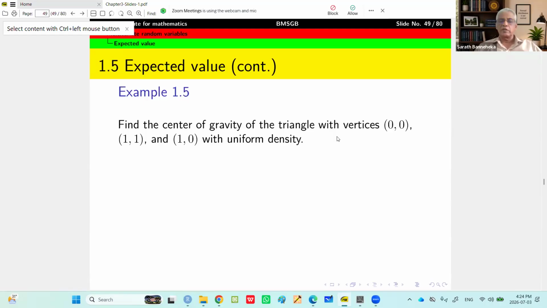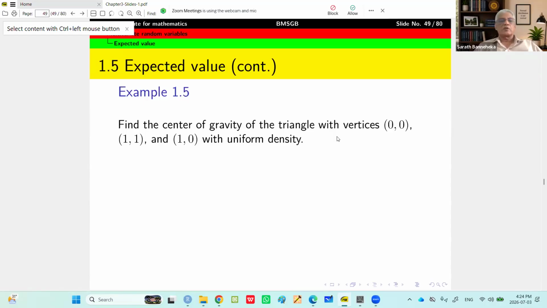If X and Y are two random variables with a certain density function, then the center of gravity of the volume under the density function will be at the point (expected value of X, expected value of Y). So the x coordinate of the center of gravity will be expected value of capital X, and the y coordinate will be expected value of capital Y. That's what we are going to find out here.